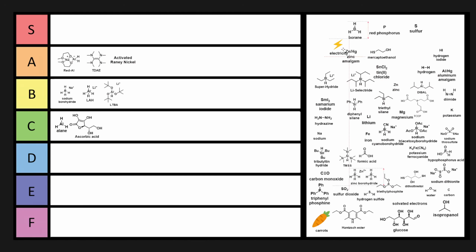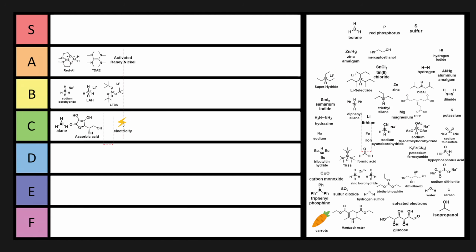Now, electricity. You might not think of electricity as a reductant, but you can use electrochemical reactions to oxidize or reduce stuff, depending on what your electrodes are, your cathode and anode, as well as what compounds you have in your solution. So you can do electrochemical reductions. These are less commonly done in a research setting. However, certain labs, such as Phil Baran's lab, extensively do electrochemistry.